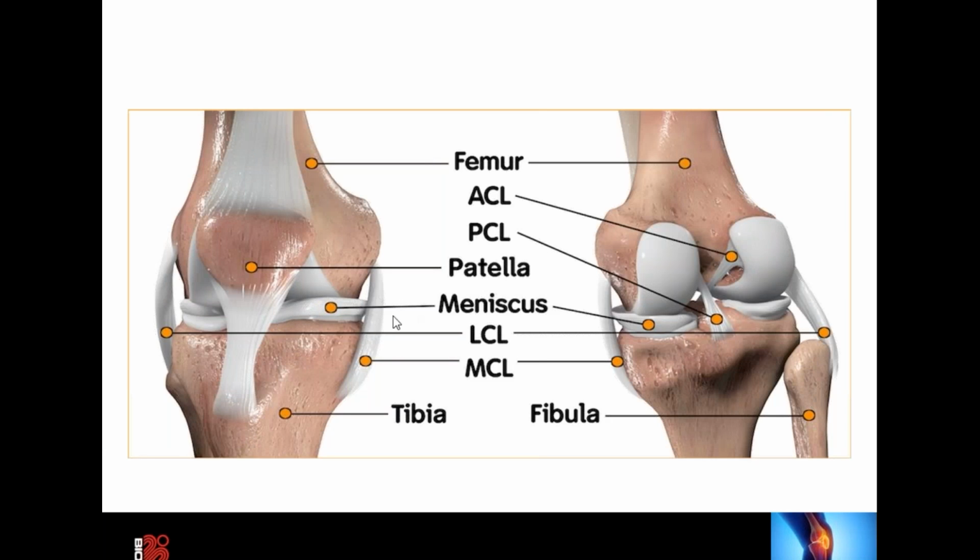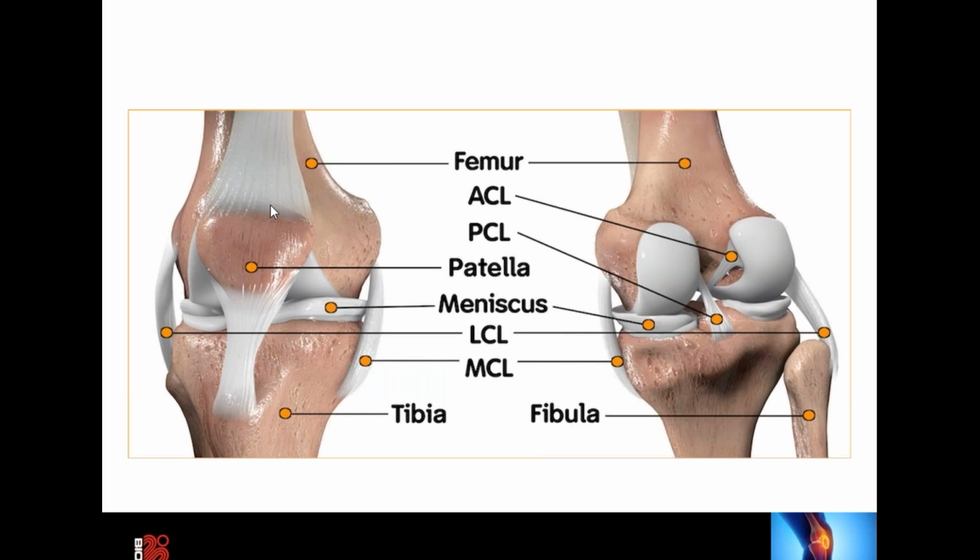There, of course, are ligaments. The patellar ligament connects the patella, or the kneecap, to the bony bump of the tibial plateau. And of course, we have the meniscus on the inside of the knee, as well as attaching ligaments, the medial collateral ligament on the inside of the knee, and the lateral collateral ligament on the outside of the knee.